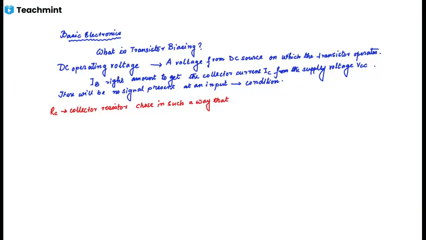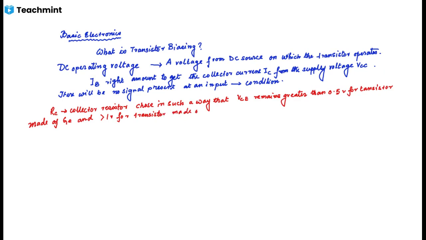that the collector emitter voltage, that means VCE, remains greater than 0.5 volt for a transistor made of germanium, and greater than 1 volt for a transistor made of silicon.